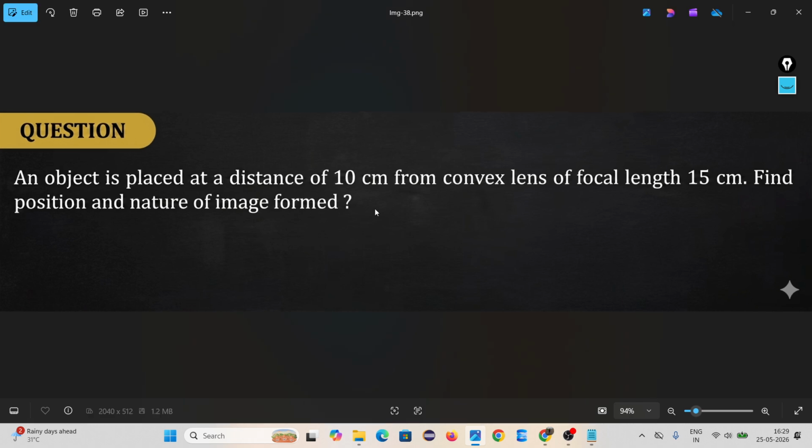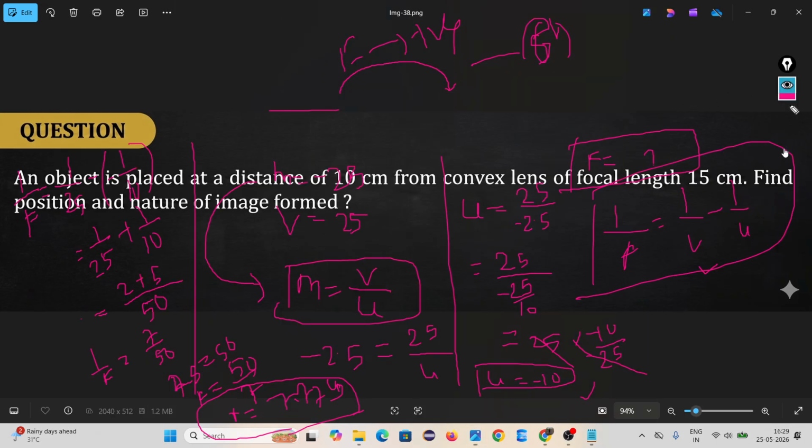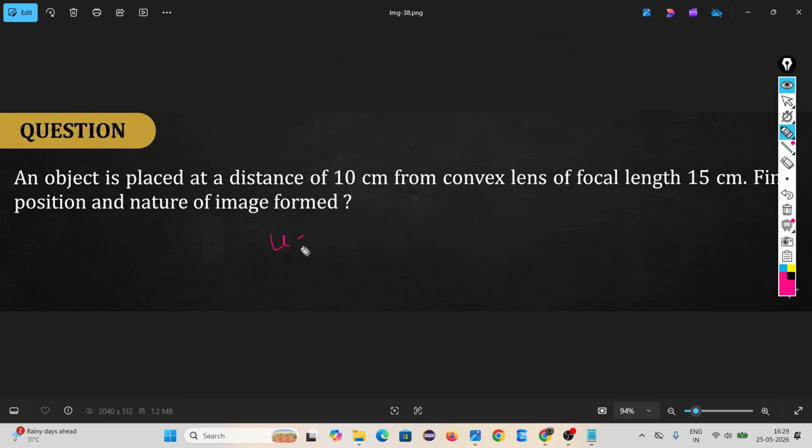Look at this question. An object is placed at a distance of 10 centimeter. That means u is given as minus 10, because you know u is always negative. Convex lens. In a convex lens, is the focal length positive or negative? Positive. That is 15. Find position and nature of the image formed.